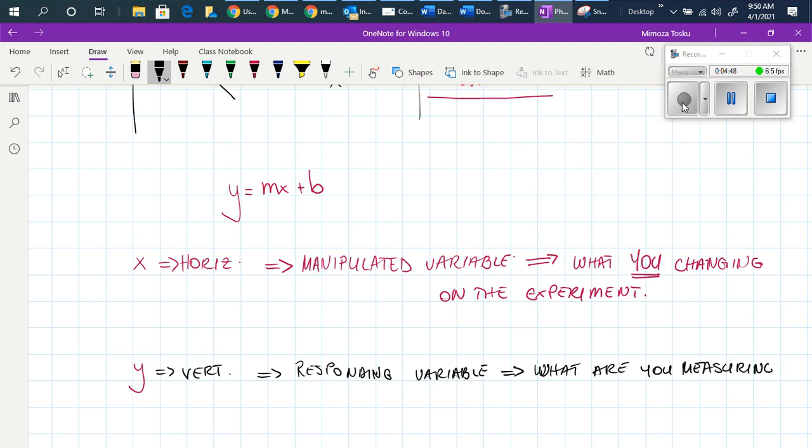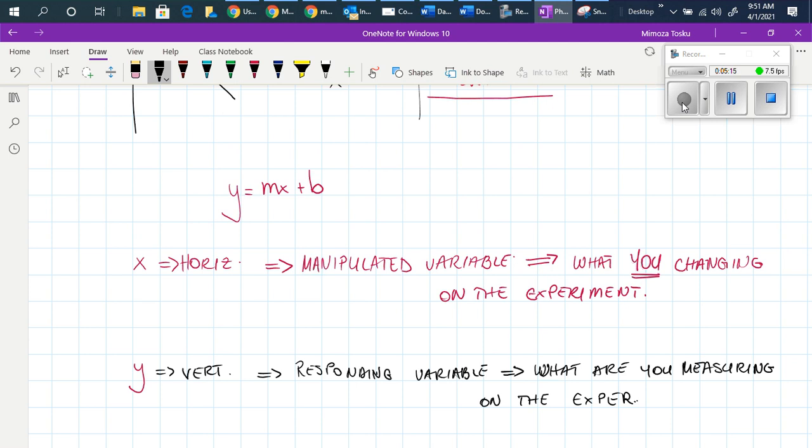We have to keep in mind that in one experiment, we should have one manipulated variable and one responding variable, meaning that we should have one quantity that we change, and one quantity that we measure. We cannot have an experiment in which we are changing two things.